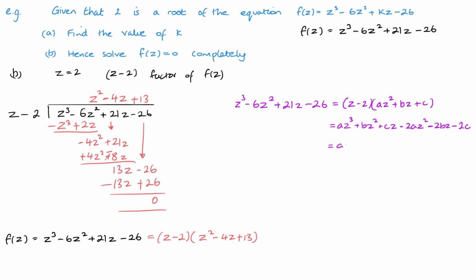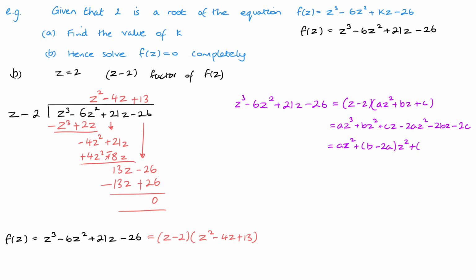And then this means we get az cubed, and then if I look at my z squareds, we get b minus 2a z squared.